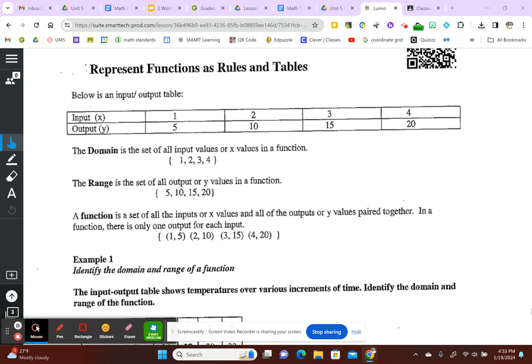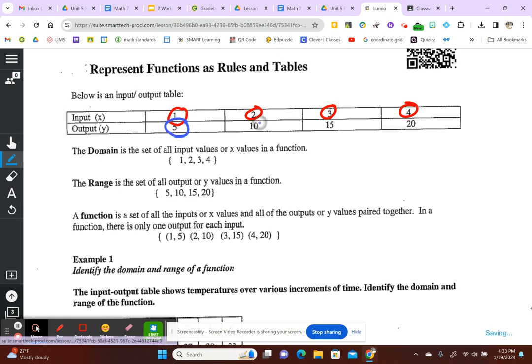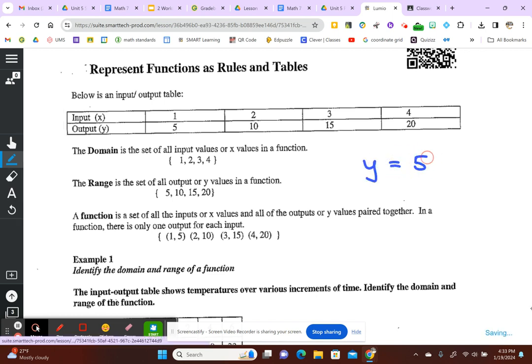But if you look at this first input-output table, you see that the domain is 1, 2, 3, and 4. And then the range would be 5, 10, 15, and 20. And for this particular one, and we will go over finding the rules, but the rule here is y equals 5x.